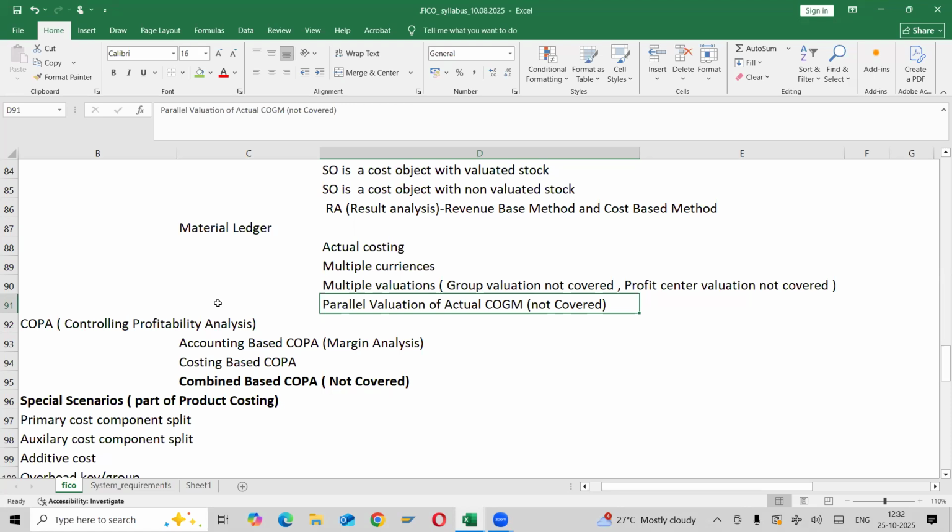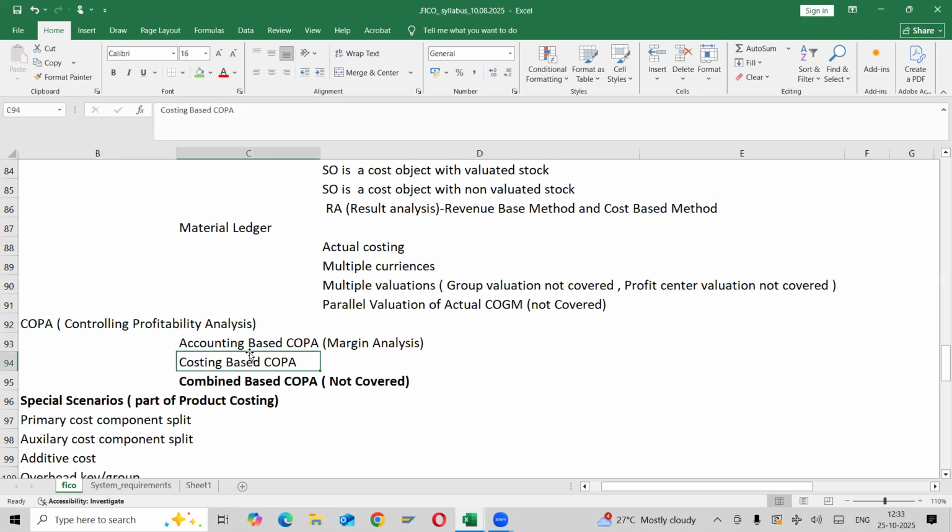Clear? Same thing, COPA. We are going to cover controlling and profitability analysis, the backbone for the CO module. If you are perfect in CO, then definitely 40 to 50% of questions you can expect from COPA. We are going to cover account-based COPA, which we call margin analysis, and costing-based COPA.